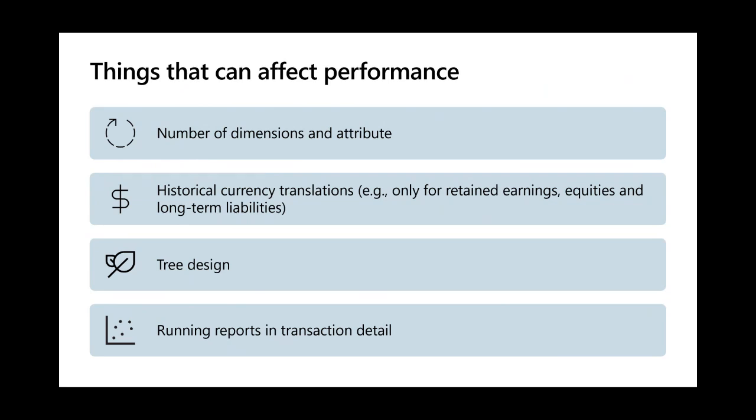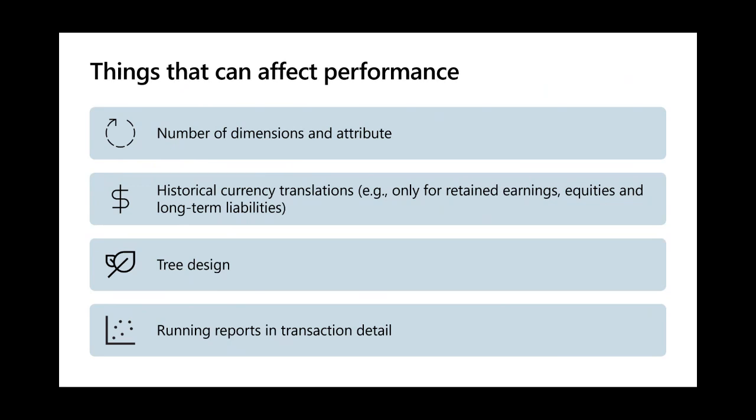For example, if you're doing segment reporting by business unit, you want to make sure to include that, but if you have a dimension for location that maybe you don't need, you would want to exclude that. Also adding attributes from accounts payable and accounts receivable to a single report can also slow down reports. Now, these capabilities do exist and can be used. This is merely to inform you of what might be slowing down your performance.